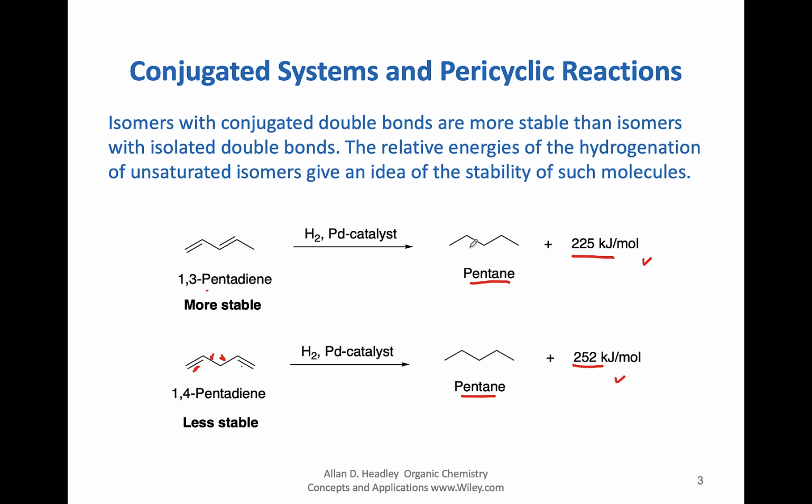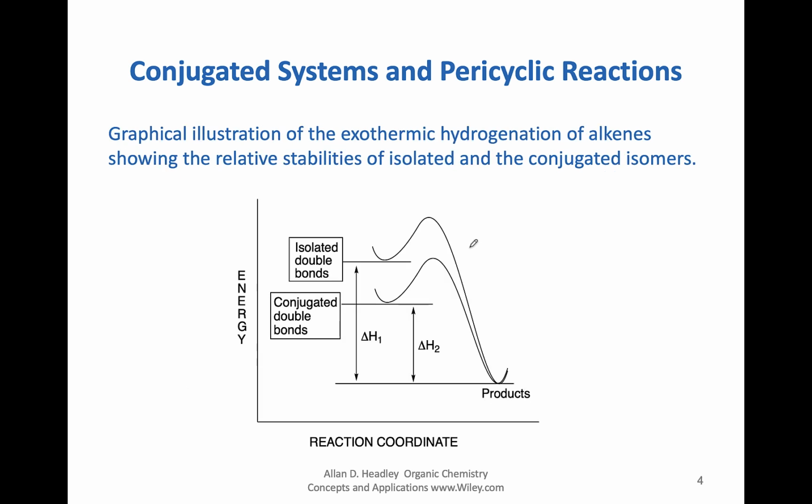So for the exothermic reaction, we can in fact use an energy profile to show this concept. So here we have a double bond that's isolated and another double bond or system that's conjugated. The more stable system will give off the least amount of heat, whereas the less stable system will give off more heat.